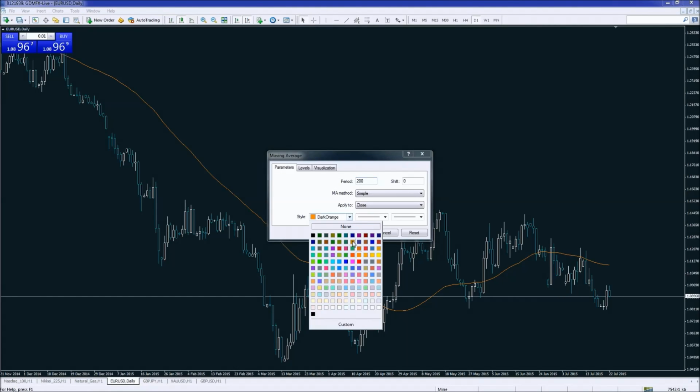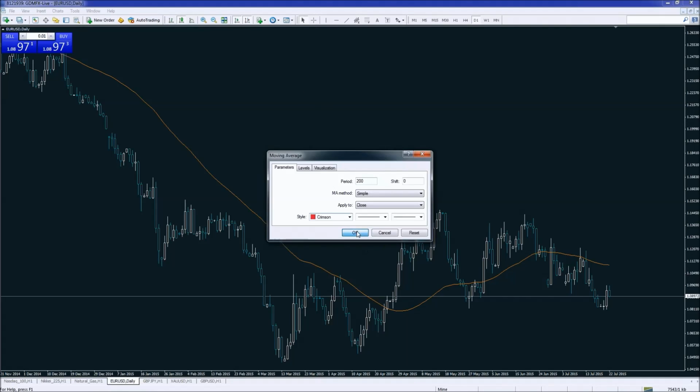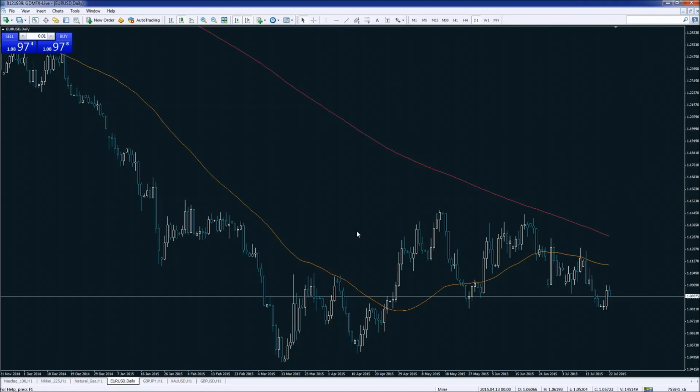The 50 and the 200 exponential, ladies and gentlemen, is the theory that the trend is very favorable when the 50-day moving average is above the 200-day average, and unfavorable when the 50-day is below the 200. So you see, this is for long trades.